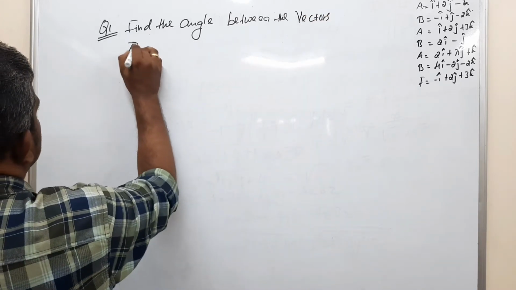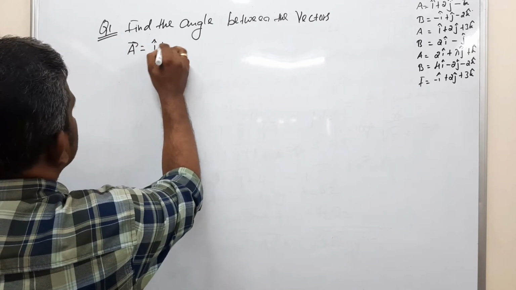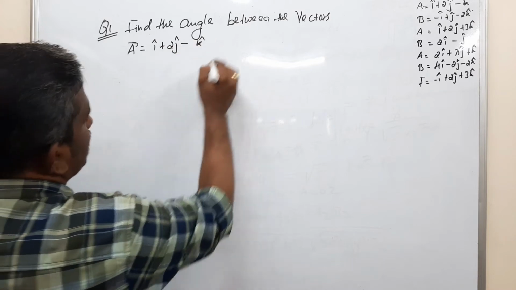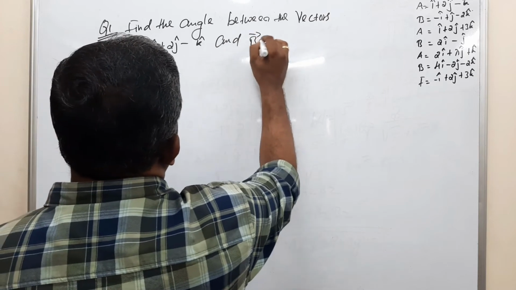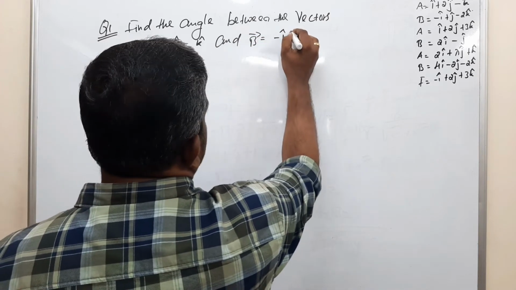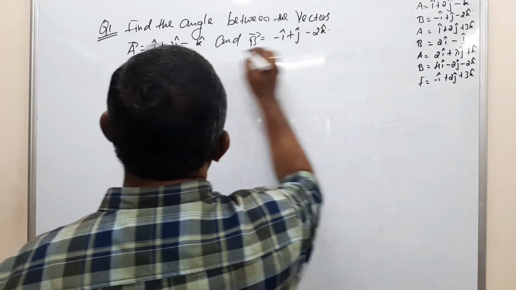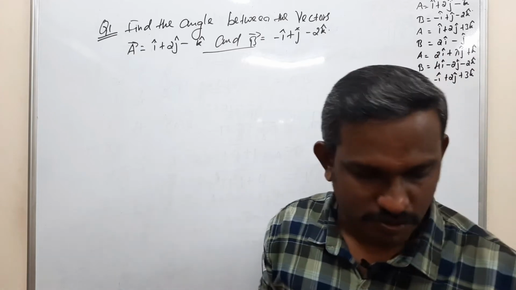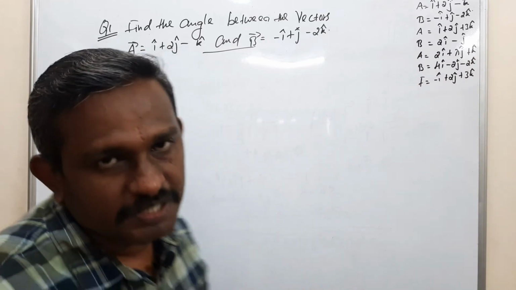A vector is equal to i cap plus 2j cap minus k cap, and B vector is equal to minus i cap plus j cap minus 2k cap. So two vectors are given, A vector and B vector, in rectangular component form. We have to find the angle between the vectors.